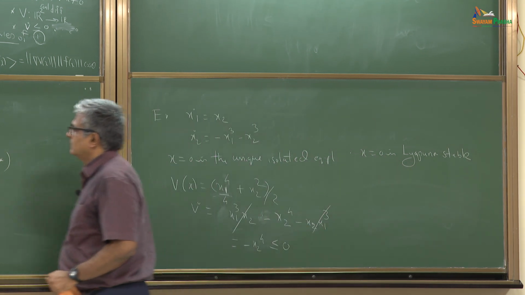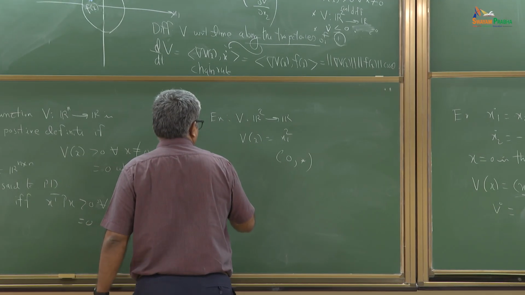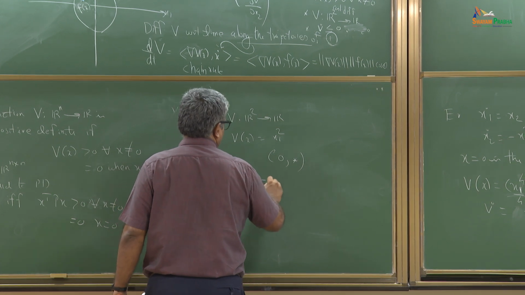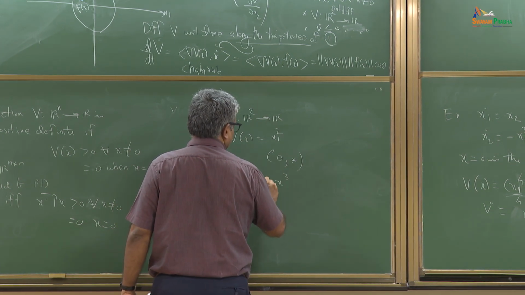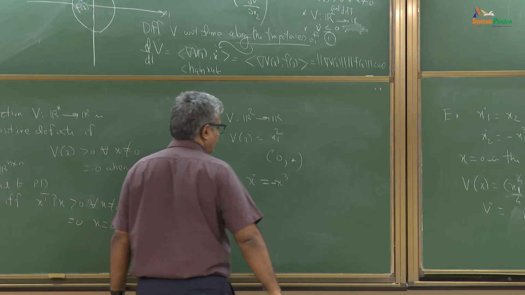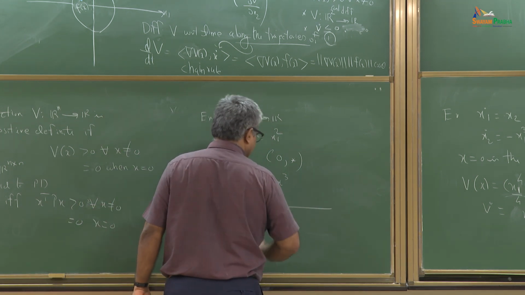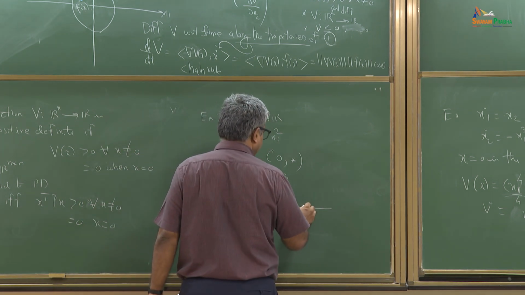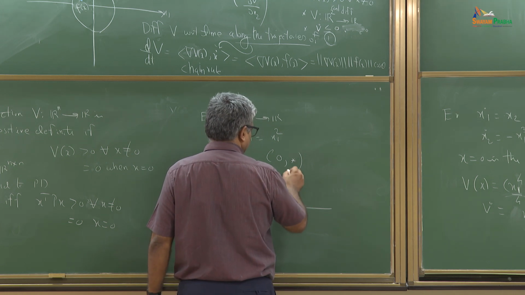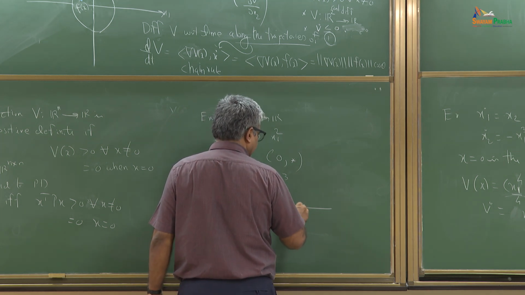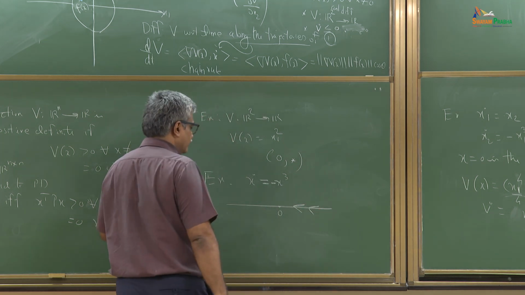Let us take this example which we encountered. We drew the vector field plot. The origin is the equilibrium point. So for any x positive, x cube will be positive and there is a negative sign, so the vector field will all point towards the origin.